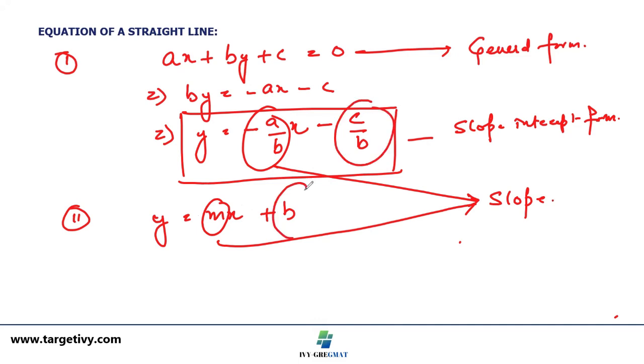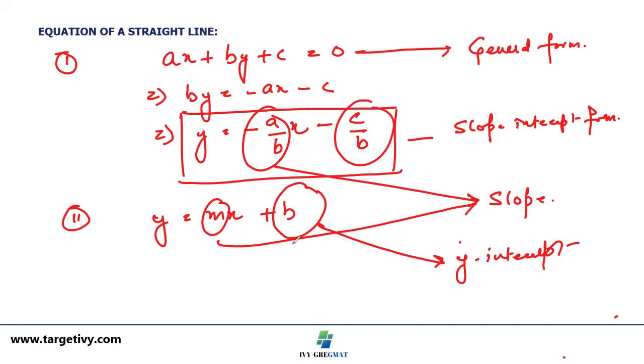This part is called the y intercept, or rather where the line touches y. So this c by b, or in our form mx plus b, b is the place where the line crosses the y-axis.